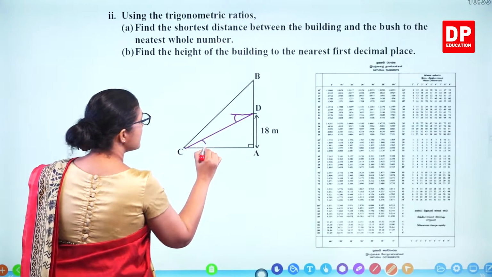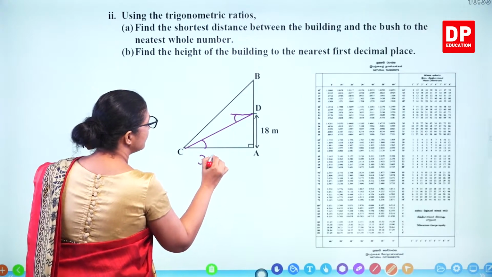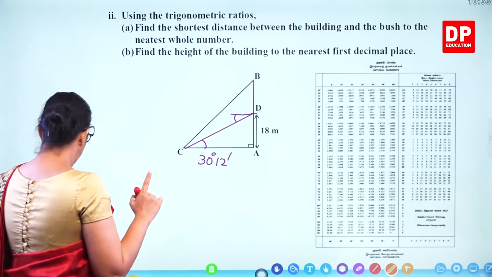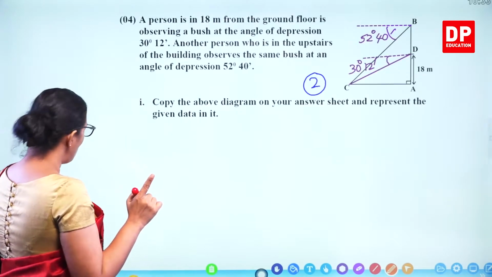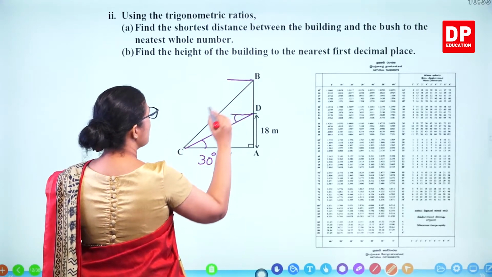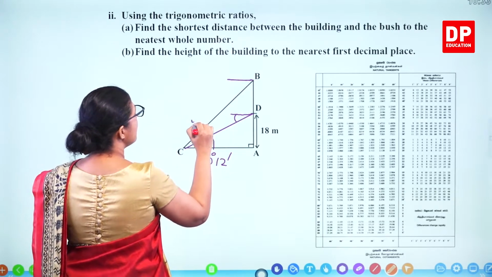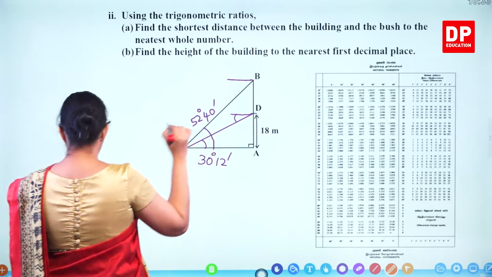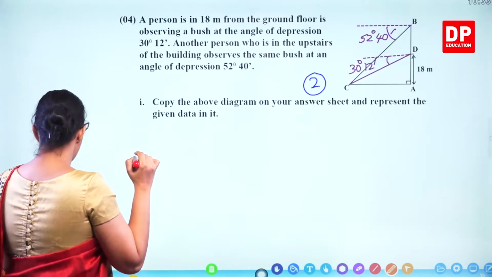So, that's this angle as well, 30, 12. Alternate angles are equal. 52, 40. This angle 52, 40 means this whole angle is 52 degrees and 40 minutes.